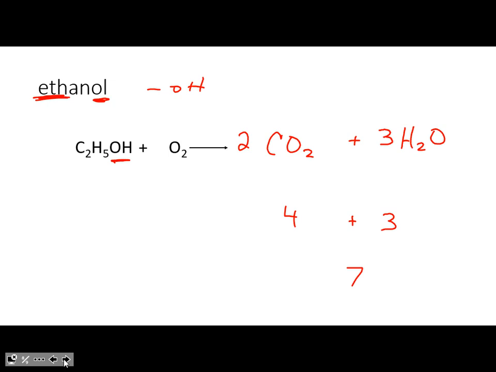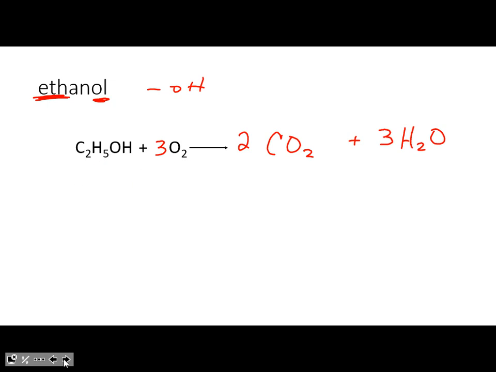Well, since I have that odd one over here with that hydroxide, I should be okay, because I'm going to put a 3 right here. That's going to give me 6 plus 1, which is 7. So I'm saying right now that I have a balanced chemical equation.